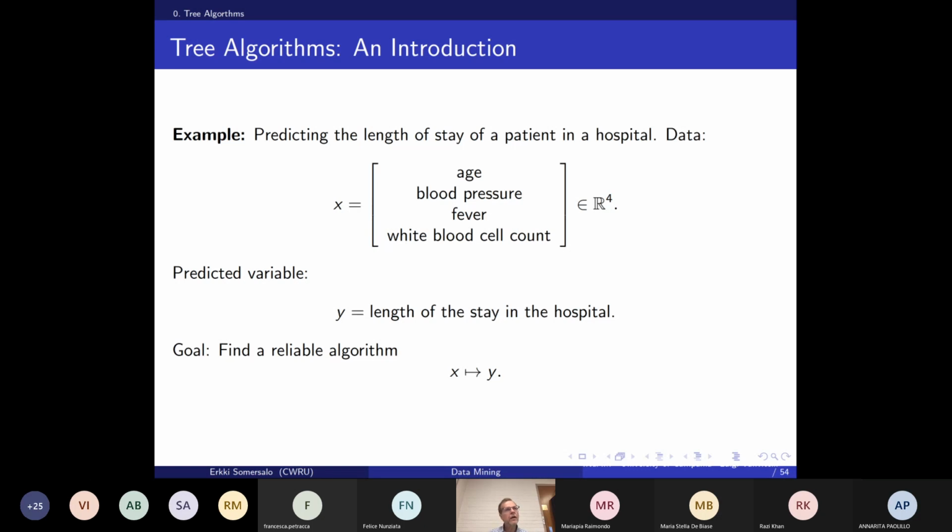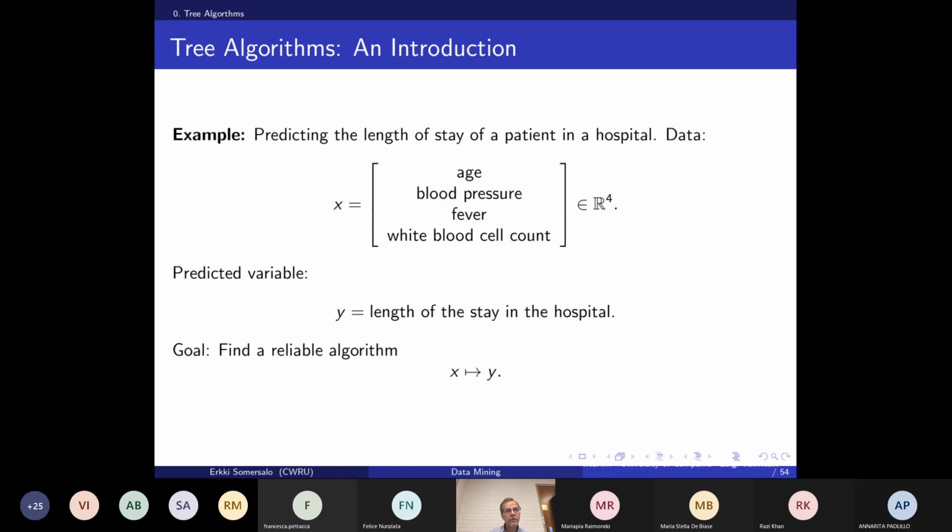So therefore, since this practice is so common in medicine, for instance, and it's so heuristic and clear, these tree-based methods have gained certain popularity also in data science.